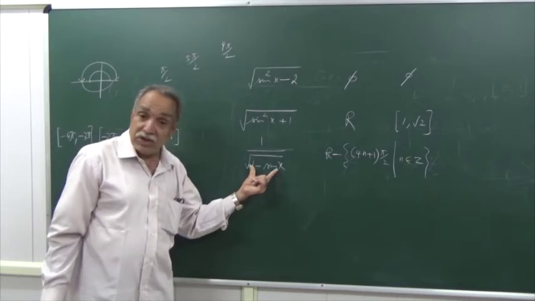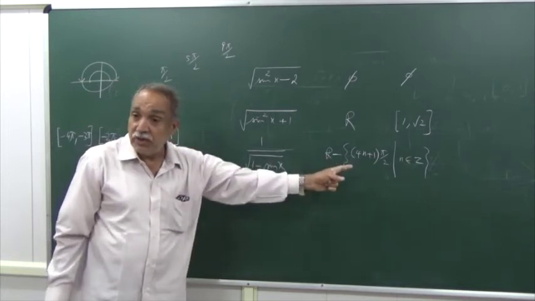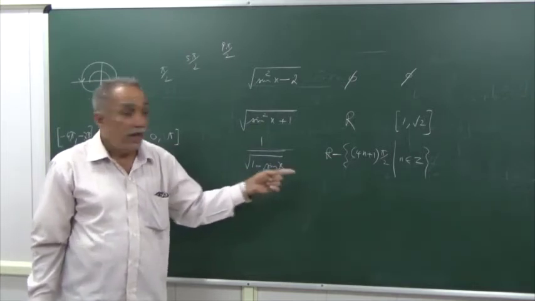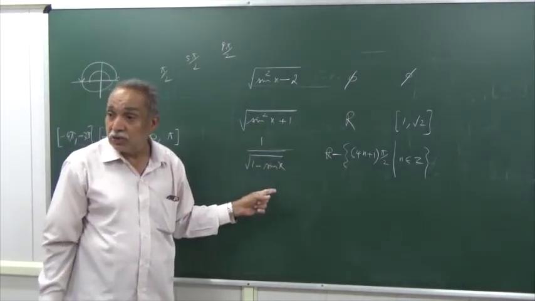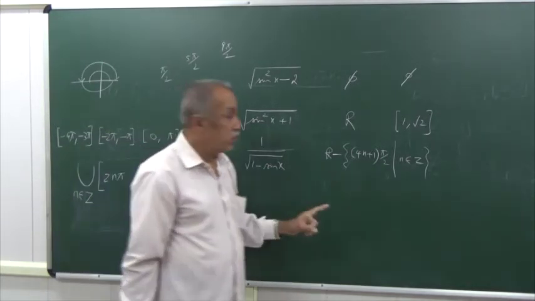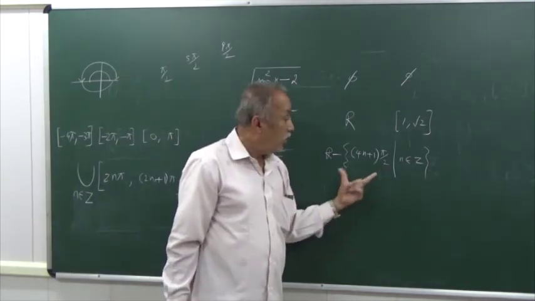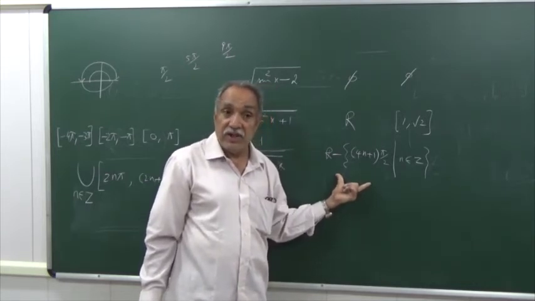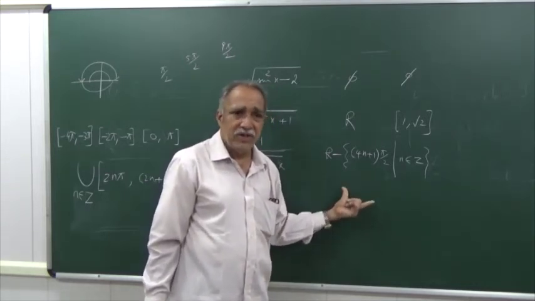The points where this becomes 0 have already been removed. For other values, there is no problem in determining the square root, in determining the function value also. Okay? Whatever has to be removed has been removed. What remains is the domain of the function, which can be described as an infinite union. Let me leave it like this only.